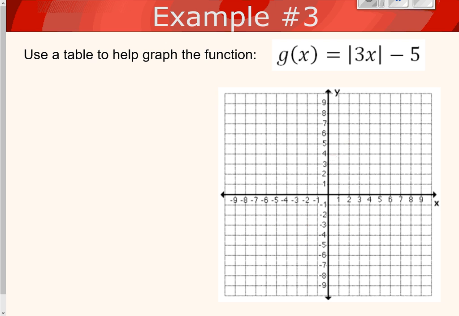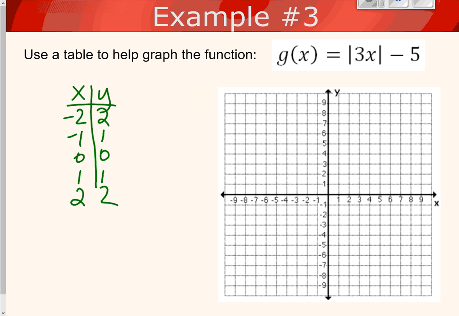Okay. What about if I have the absolute value? So absolute value, of course, is -2, -1, 0, 1, 2, and then 2, 1, 0, 1, 2. Now that 3 is on the inside. Since the 3 is on the inside, remember we're reading it this way. First number I encounter is the 3.